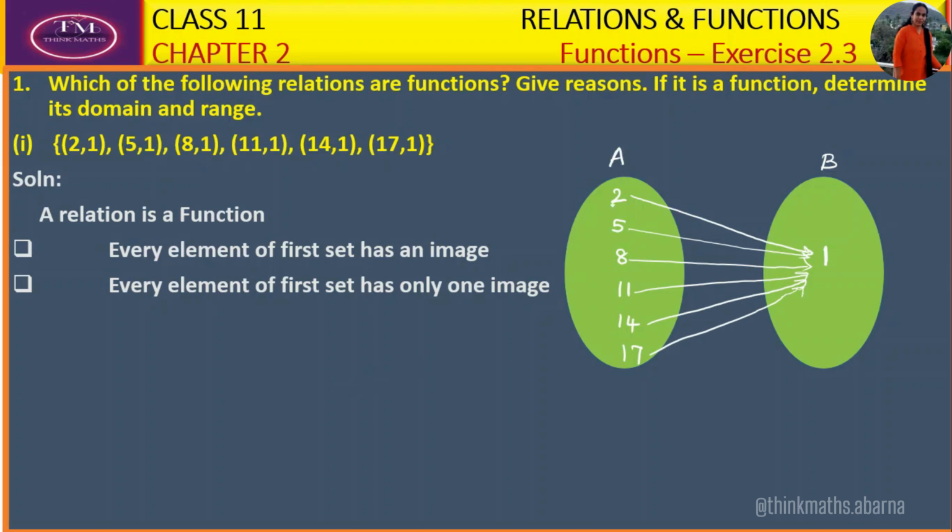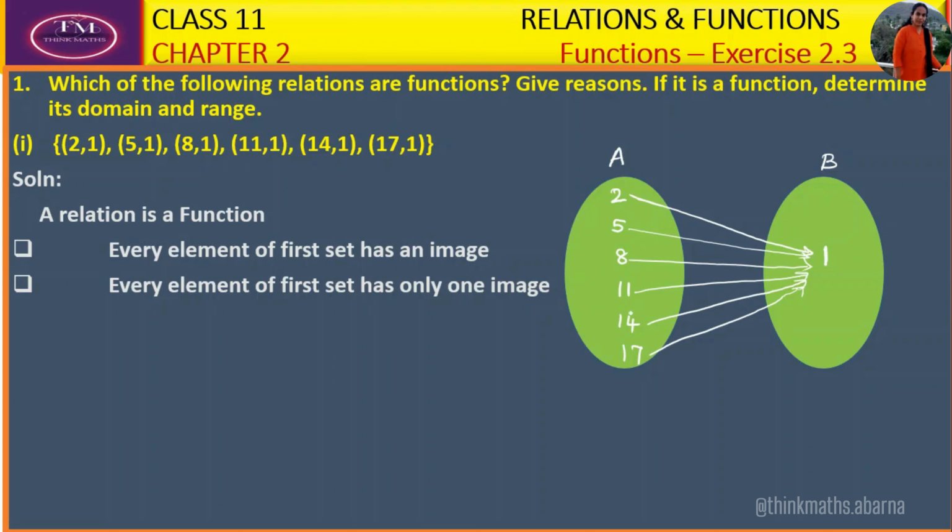So every element of the first set has an image. Does it have only one image? Yes. For each element, we have drawn only one line. From the first set, for each element, only one line should go to B. If more than one line goes to B, then the element has more than one image.